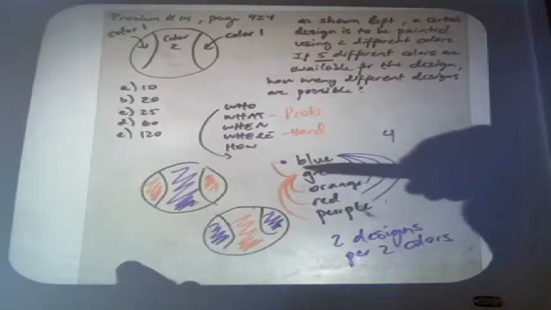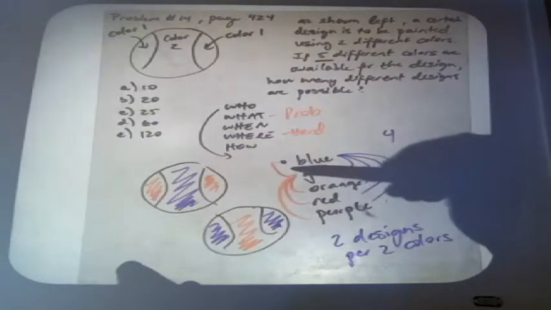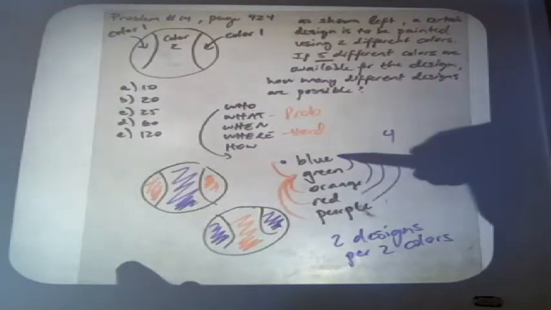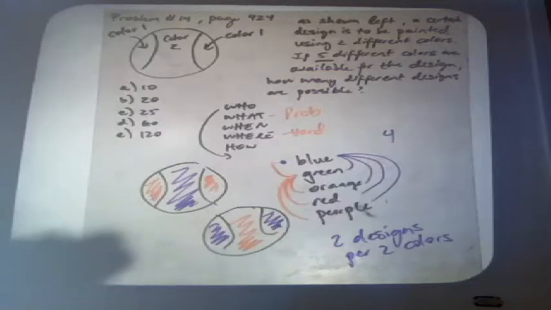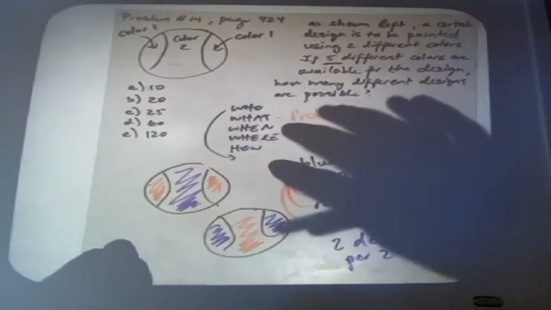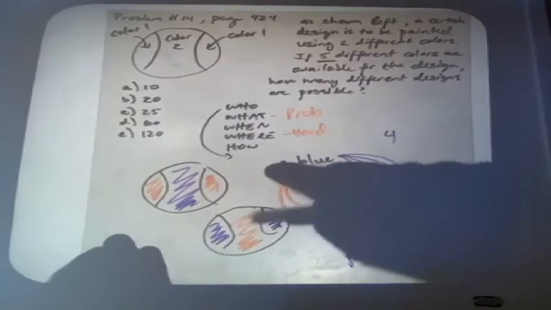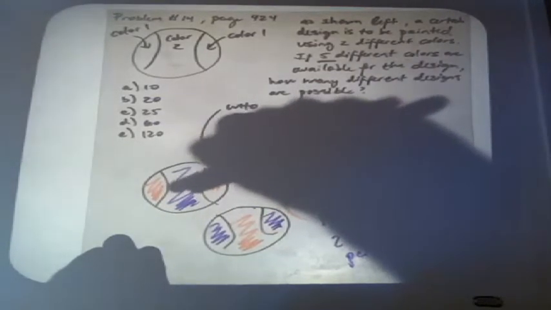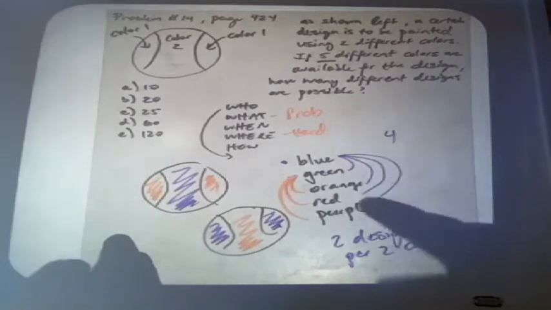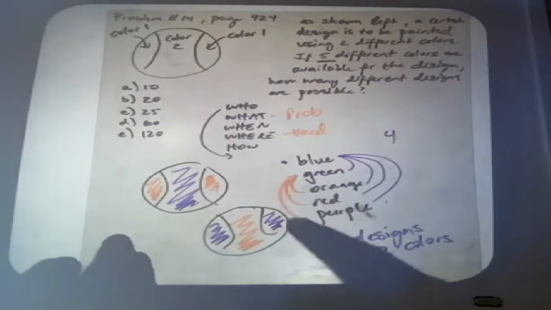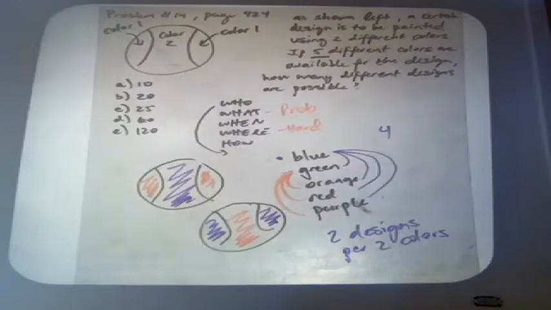Now, when I say that I can have green and blue, notice that I already counted that here, because blue and green is the same thing as green and blue, right? So I don't need to count that one twice. So I'm going to erase this here because we already got it and we don't want to double count something. So these are all the combinations with blue, these four here. These four in orange are all the combinations with green.